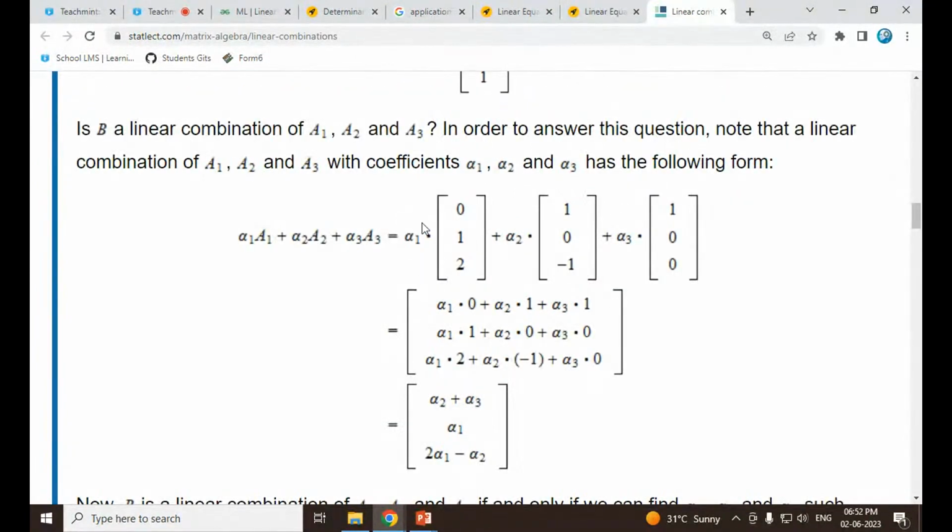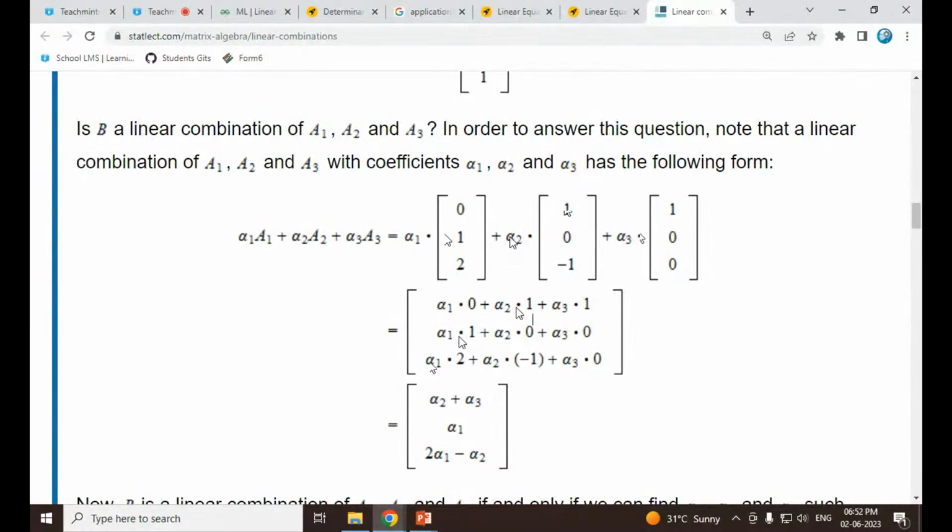A1 dot 0 plus A2 dot 1 plus A3 dot 1, that is one row completed. A1 dot 1, A2 dot 0, A3 dot 0. One row completed.